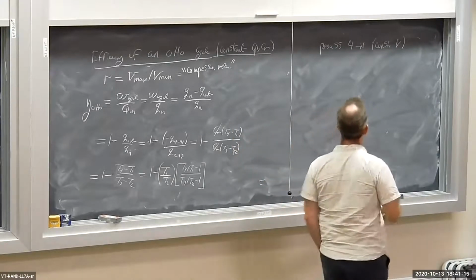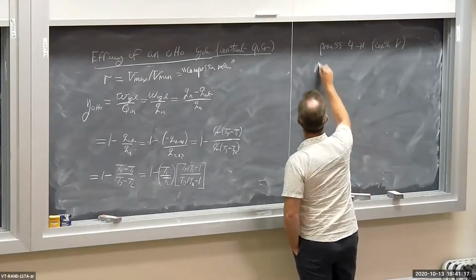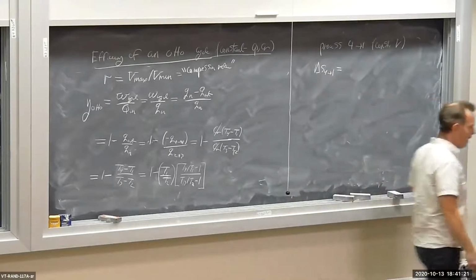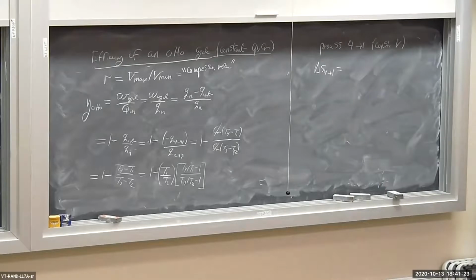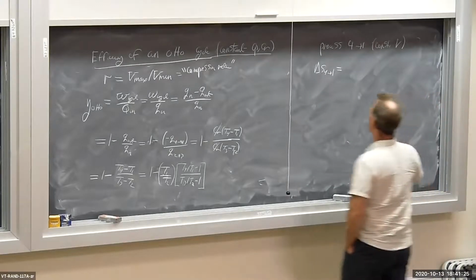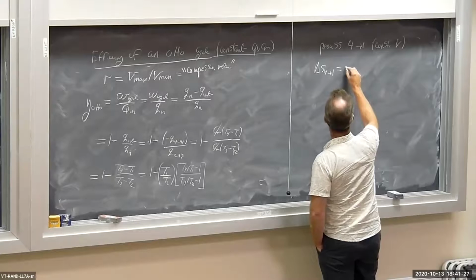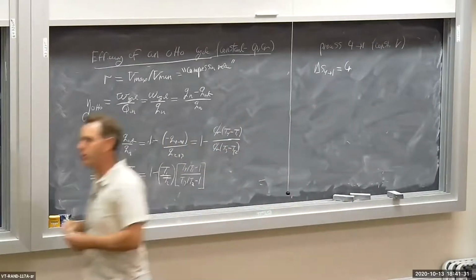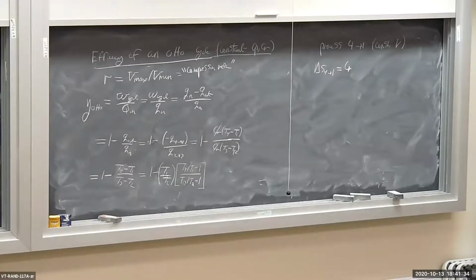Let's calculate delta S for process 4 to 1. Let's use a property relationship that involves those natural logs in there for constant specific heat. So delta S from 4 to 1 is CV. So let's look up our property relationships here for constant specific heat.